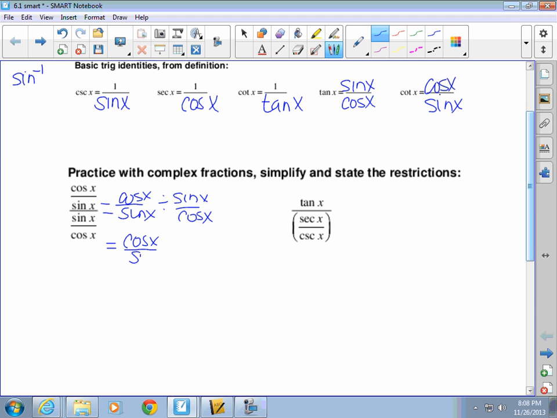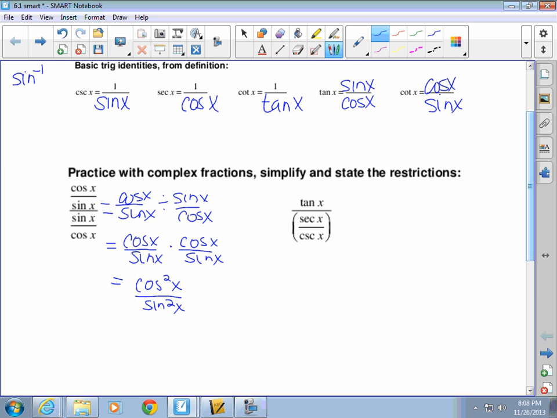Cos x over sine x times cos x over sine x. If we multiply it through, that would be the same as cos squared x over sine squared x.